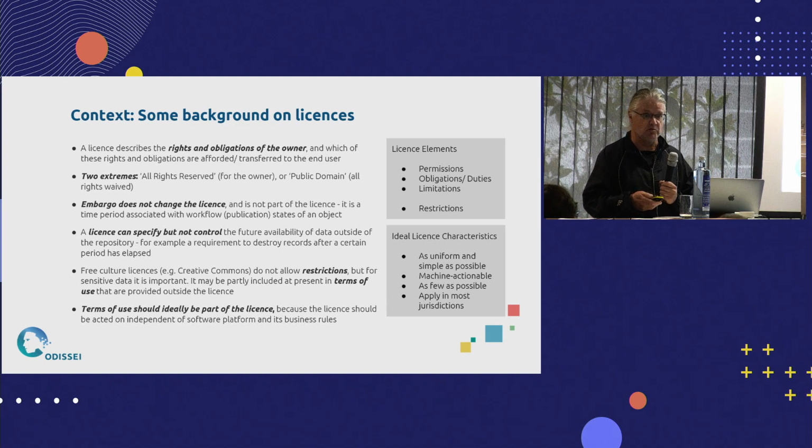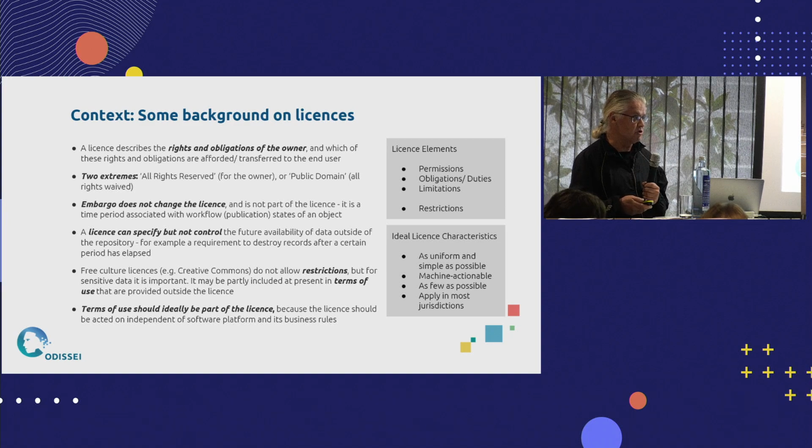It could move for a variety of reasons, and then the access restrictions remain behind. So we would very much like to include all of the conditions and additional restrictions on use into the license in one way or another, so that it can migrate with the data set and is always available irrespective of where that data set is being used.